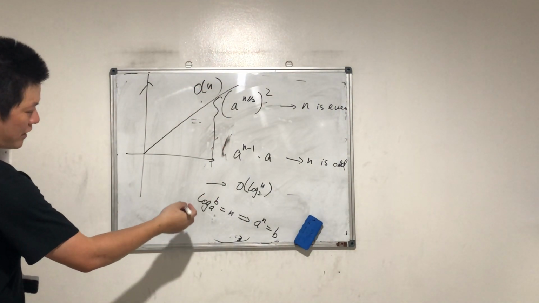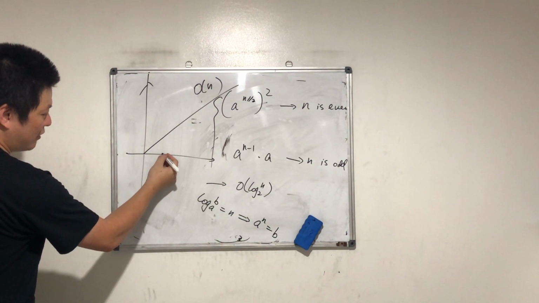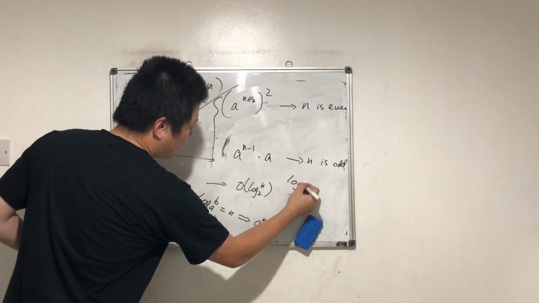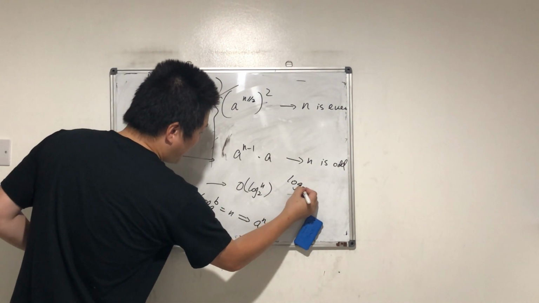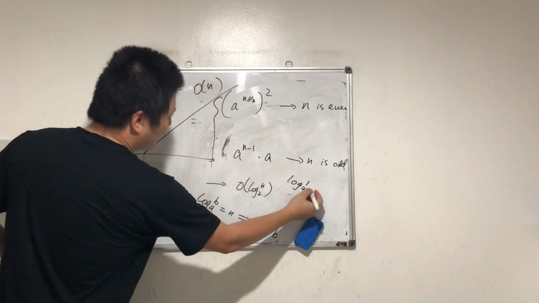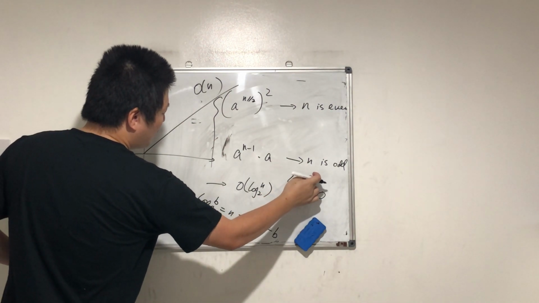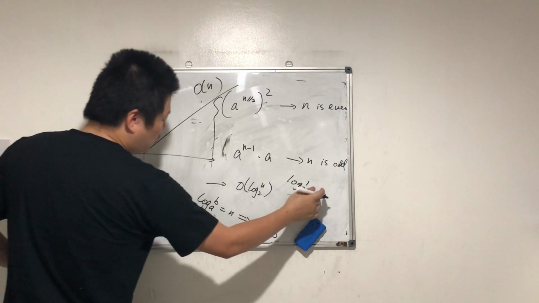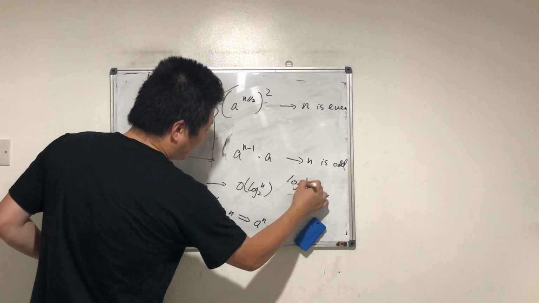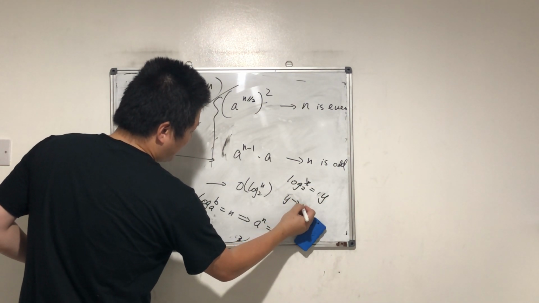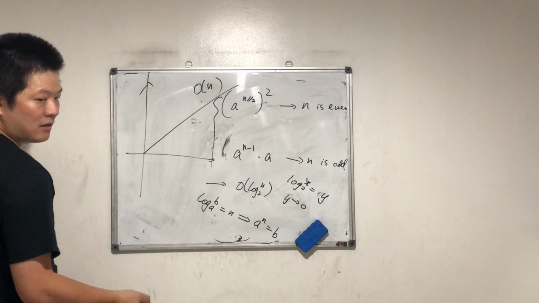Now log n, how can you draw the log n function? It's like that. Log base 2 of 1: 2 to the what equals 1? 0, right? This is y, this is x.